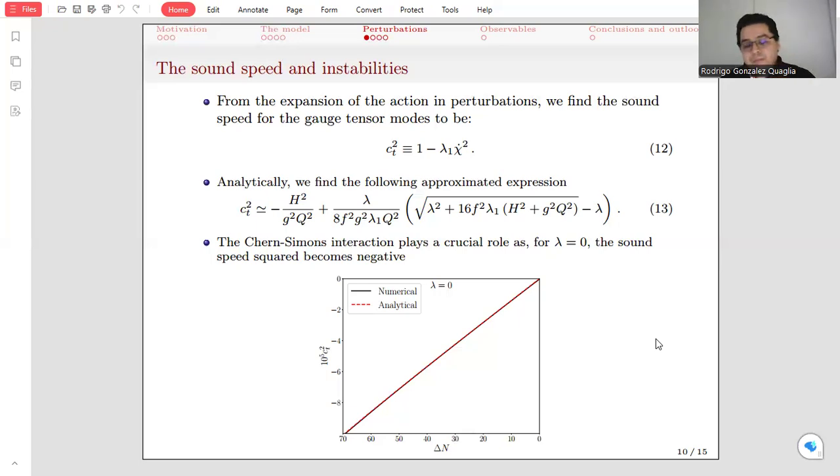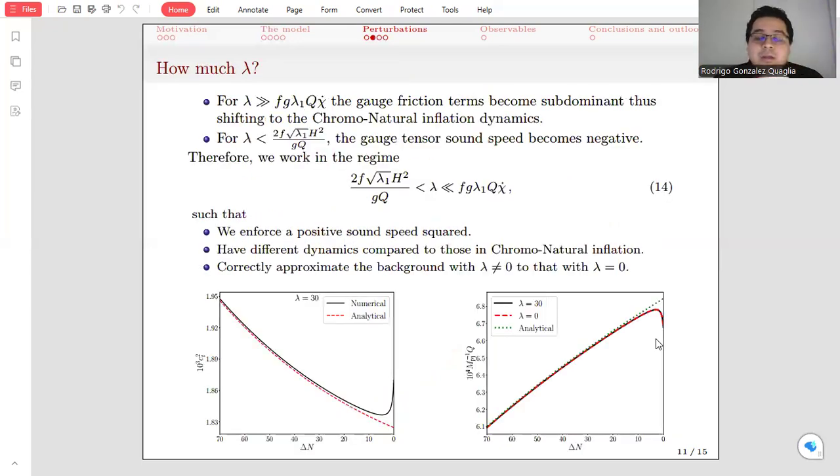However, one can immediately ask the question, how much lambda is enough for us to have a positive sound speed squared? And indeed, one can easily verify that lambda has to be higher than this combination of parameters and background quantities here in order to enforce a positive sound speed squared, as we can see in this plot.